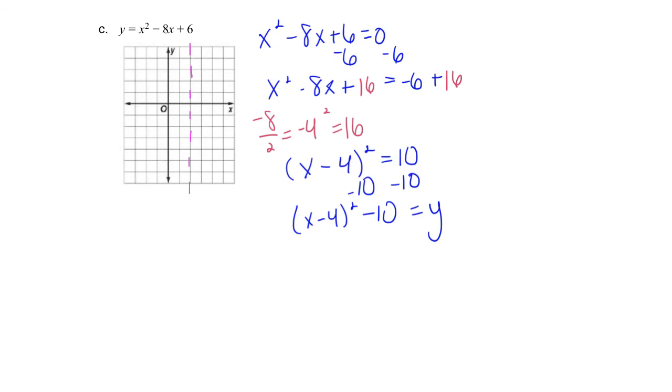And the vertex is at negative 10: 2, 4, 6, 8, 10, that's right there. 6 is the y-intercept, 2, 4, 6. And that's 1, so 1 there. And now we have it. There we go. Whew, that's a close one.